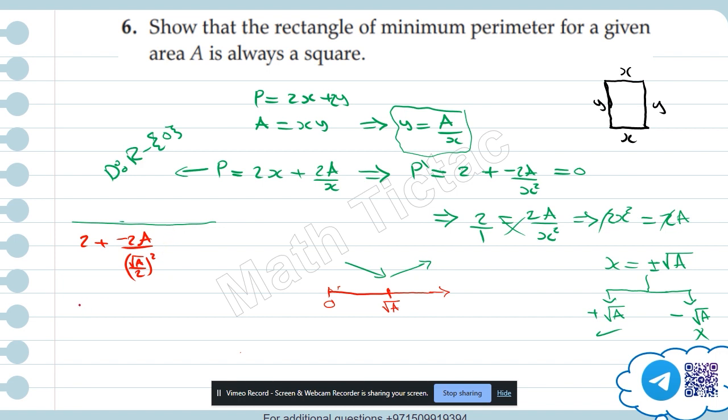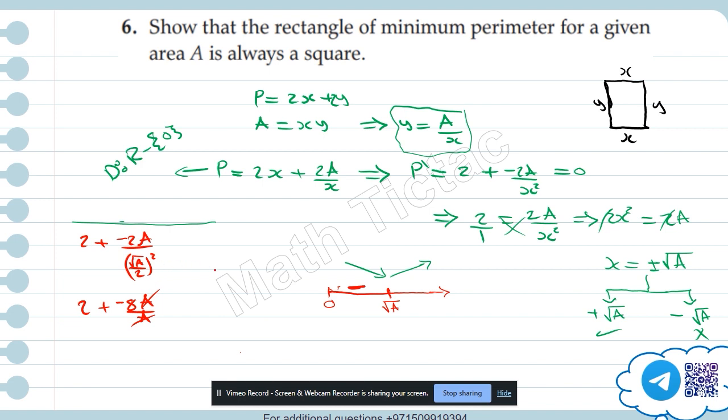This is going to be 2 minus 8a divided by a. So a with a is eliminated, and 2 minus 8 is going to be negative. So this is a negative value.